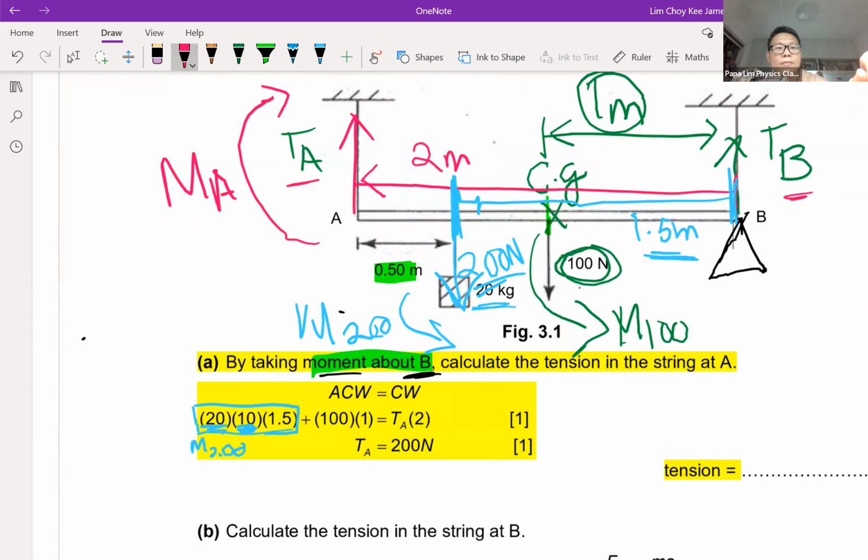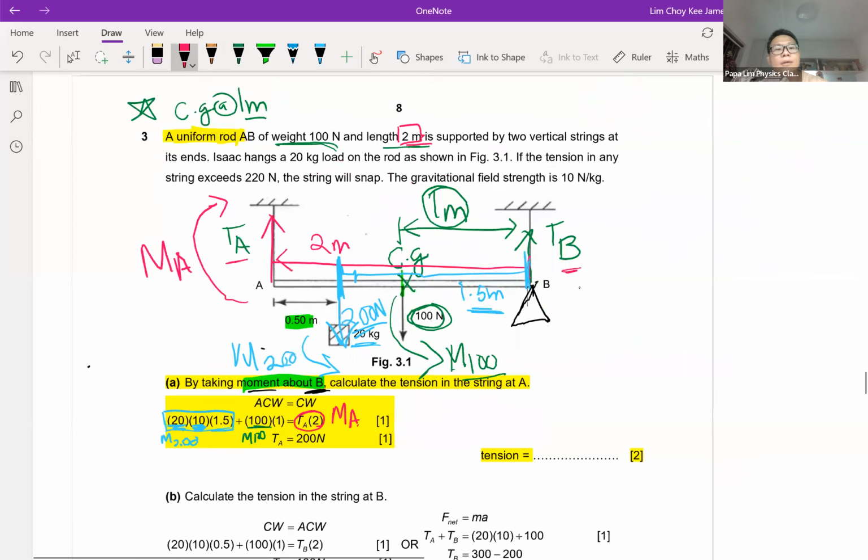Followed by your second anti-clockwise moment, which is M100, here. Followed by MA. Then you let your algebra do the work. You should be able to arrive at the answer: TA, tension in string A, is 200 Newton. Quite easily done.